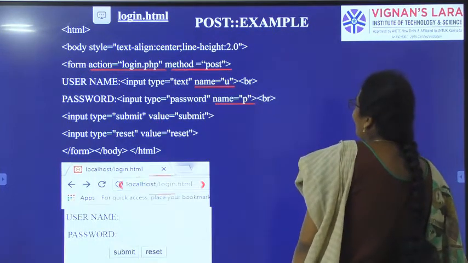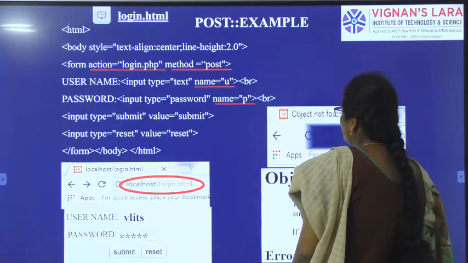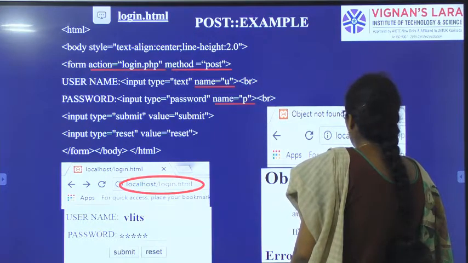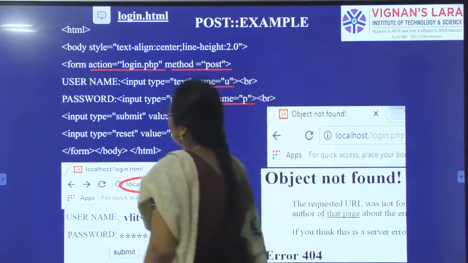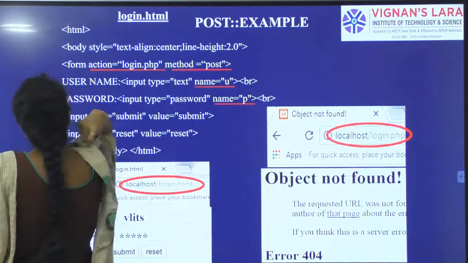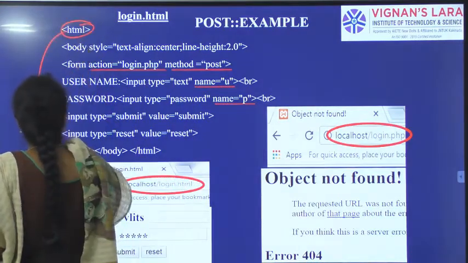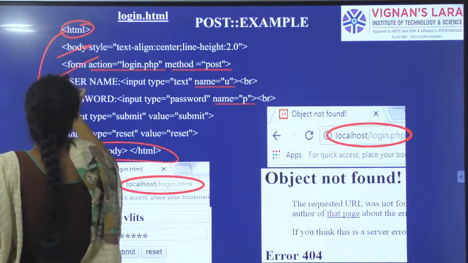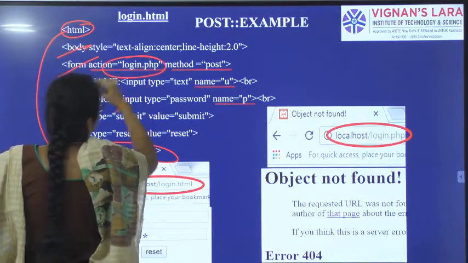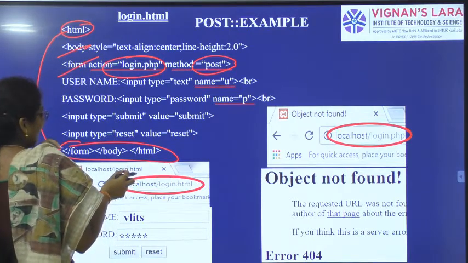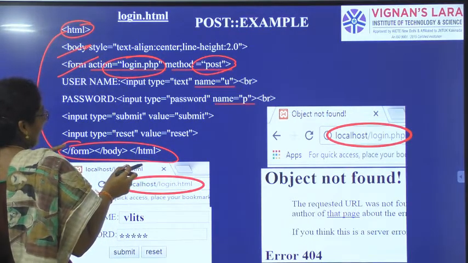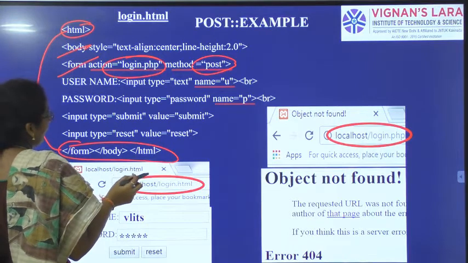So let us see the example with post. See, using the post method also we got the object not found error, because see here, we created the HTML program, created the forms and body, and the action performed here is the login page with the method post. So now also the username and password are not added to the URL, they are added to the HTTP header.